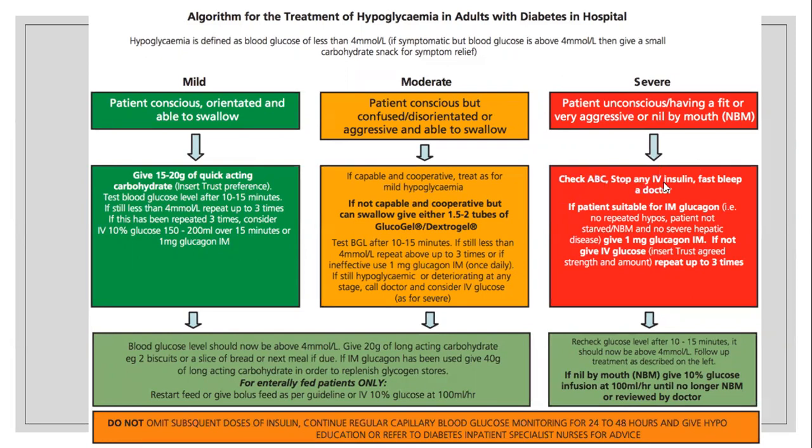Also stop the IV infusion first, and notify the doctor. If the patient is suitable for intramuscular glucagon, give 1 milligram glucagon intramuscular. If not, give IV glucose and repeat up to 3 times.